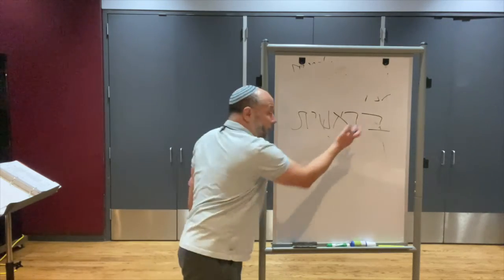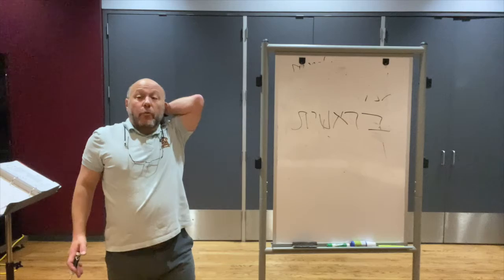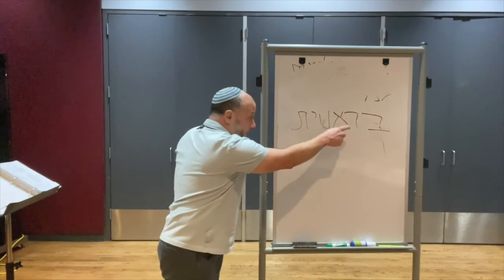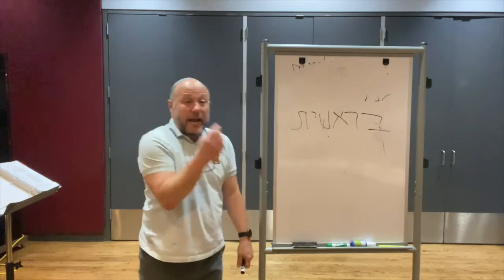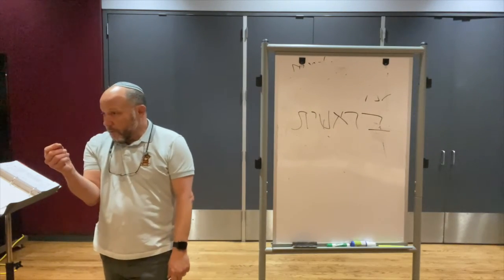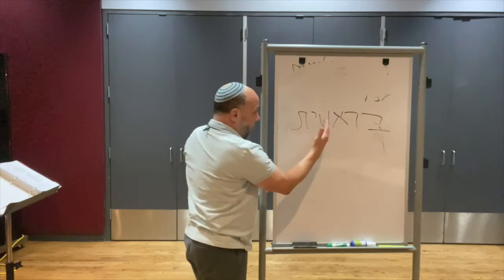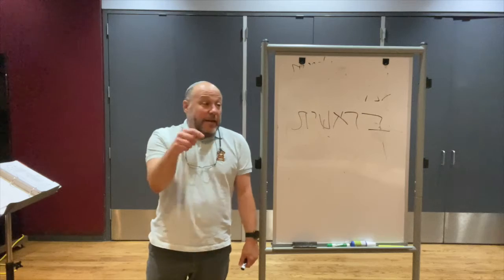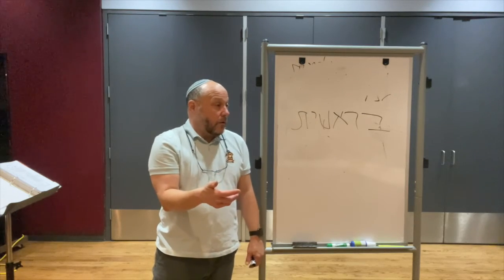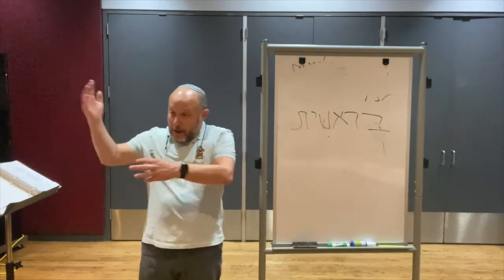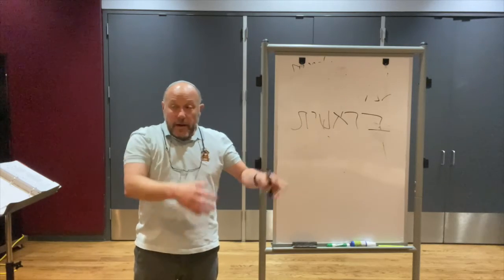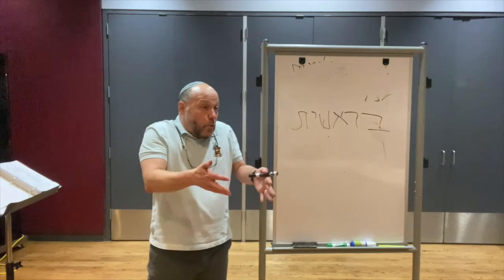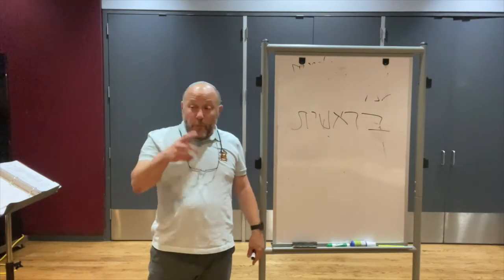There's no dot inside of the vet, right? The rule we understand is that if that letter is at the beginning of the word, it has to have a dot in it. But any word we are reading in a particular way in the Torah is in and of itself an interpretation, because it's passed down through the generations. But there are arguments about how a particular word is supposed to be vocalized.